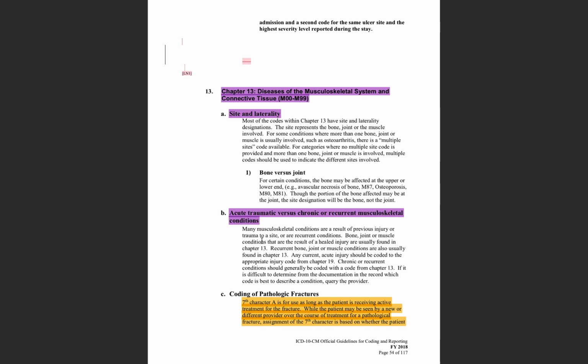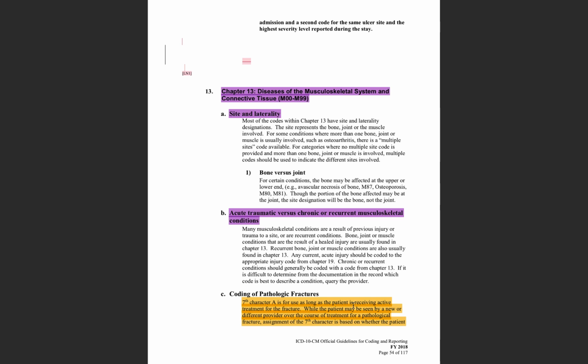So pathological fractures should be coded from this chapter because a pathological fracture is not an injury. Seventh characters are still required for pathological fractures, and on the code you will see the seventh character icon. The seventh character A is used as long as the patient is receiving active treatment. I don't want anyone to get confused and think you should just use A the first time the patient is seen.